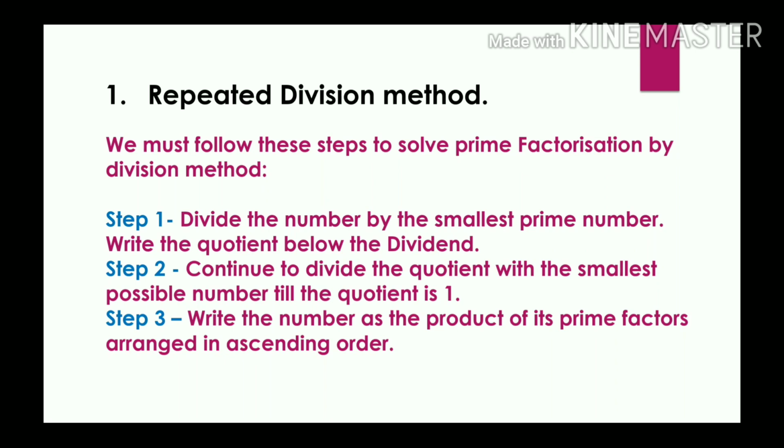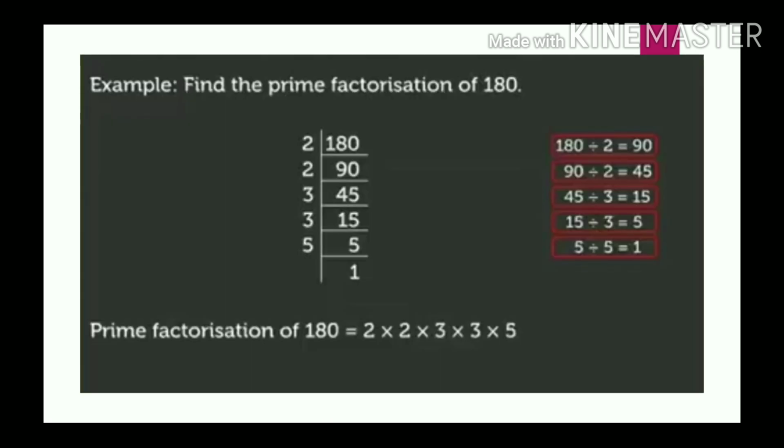Continue to divide the quotient by the smallest possible prime number till the quotient is 1. Step 3. Write the number as the product of its prime factors, arranged in ascending order. Let's see with an example. Find the prime factorization of 180.